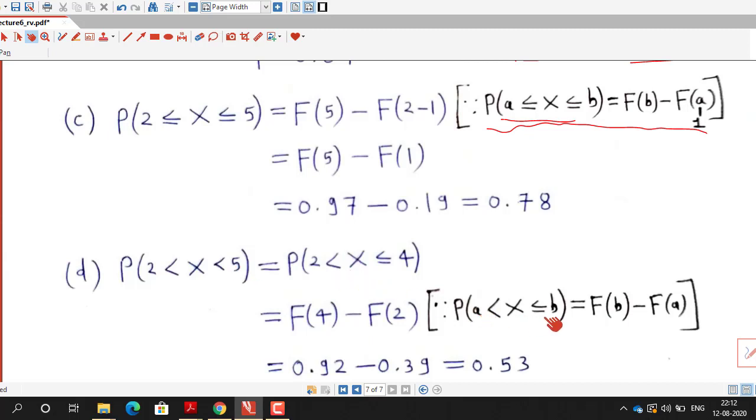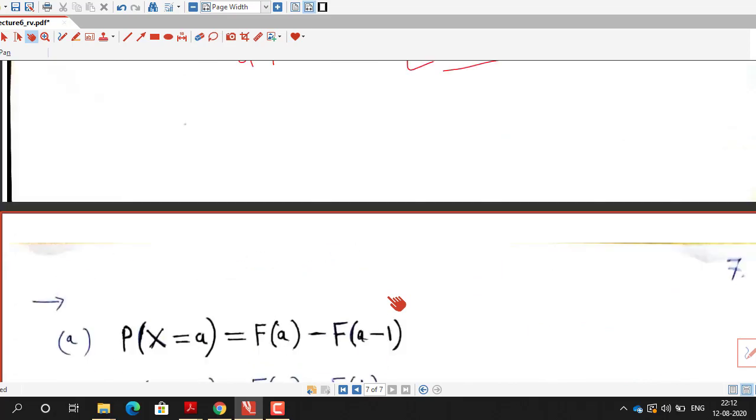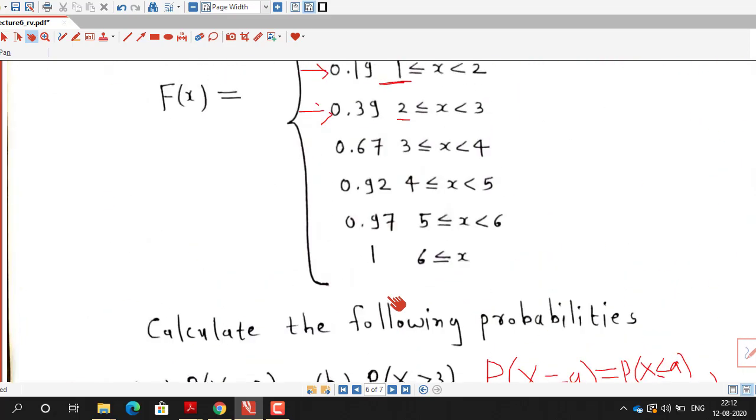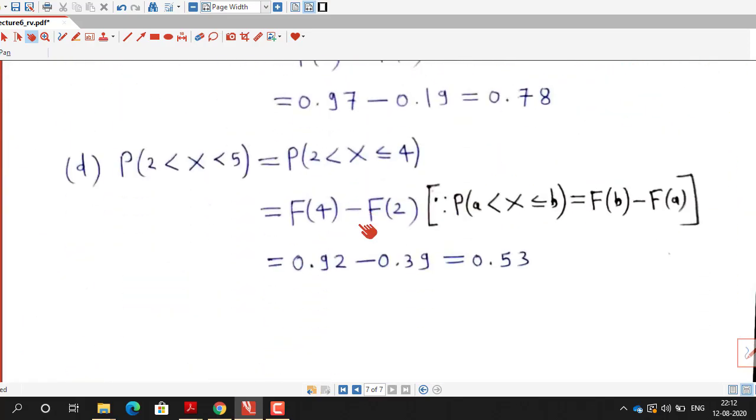Now here we are using this property: the probability that a strictly less than x less than or equal to b is F of b minus F of a. So it is F of 4 minus F of 2, and values of F of 4 and F of 2: F of 4 is 0.92 minus F of 2 is 0.39. So it is 0.53.